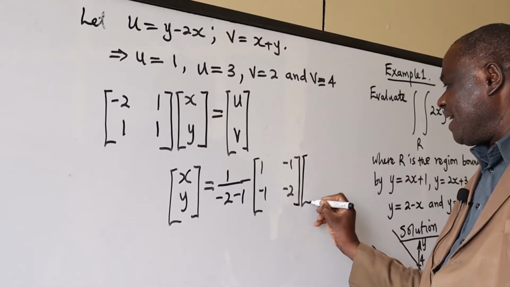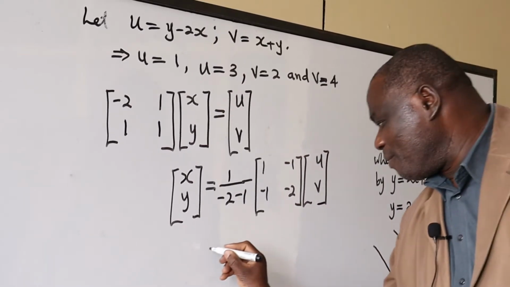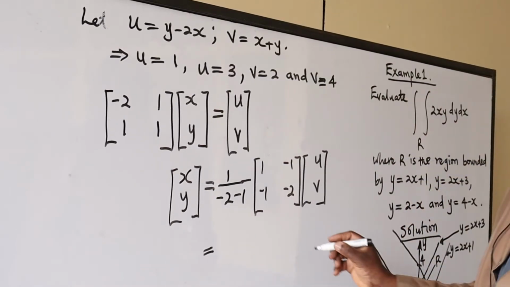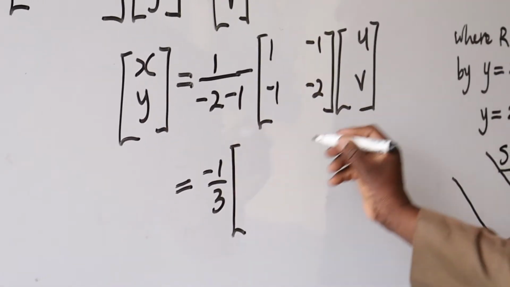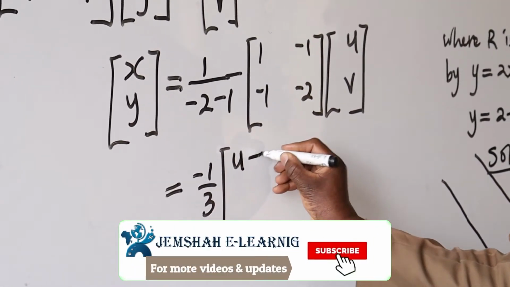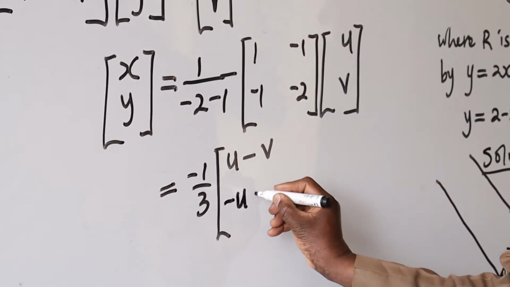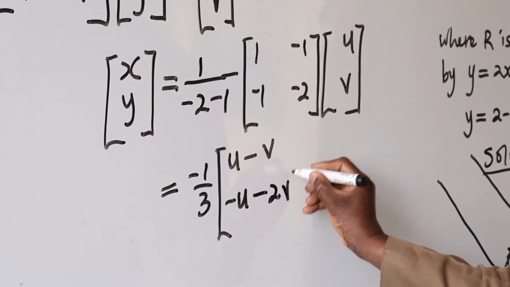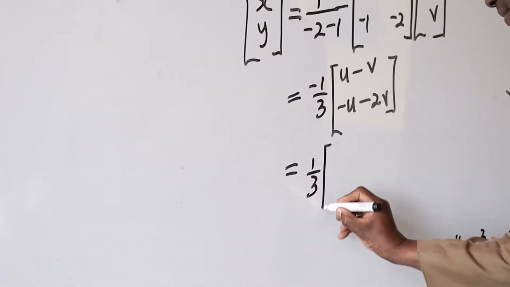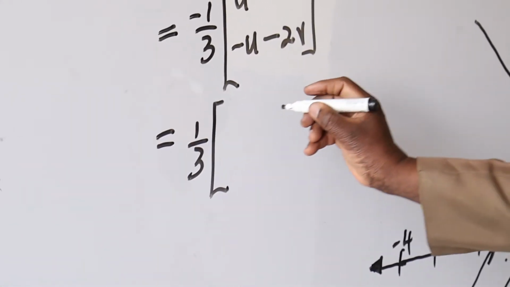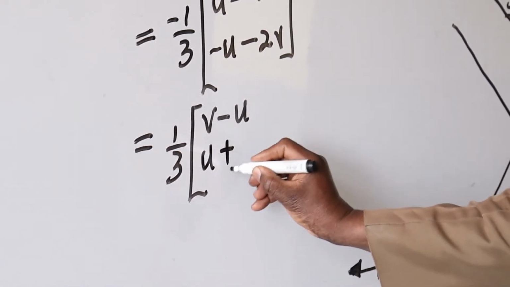Now this one multiplying u, v, will be equal to negative 1 over 3 into u minus v, minus u minus 2v, which will be equal to just a third into v minus u, u plus 2v.